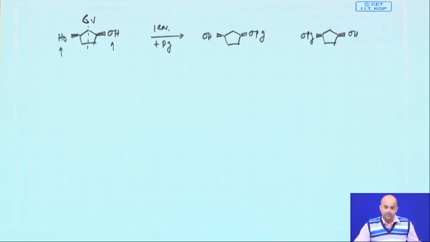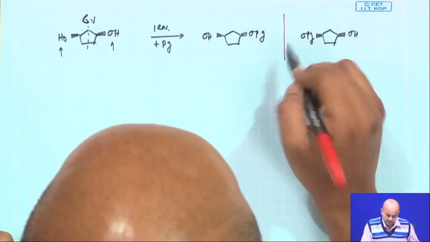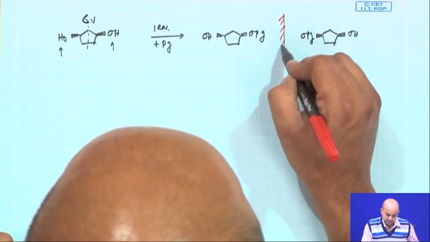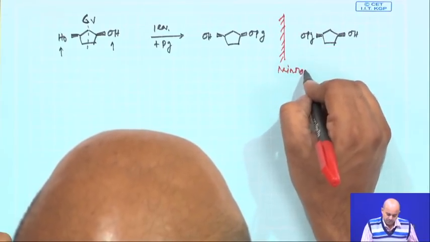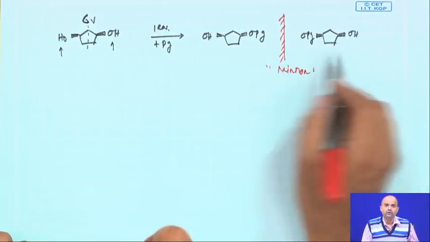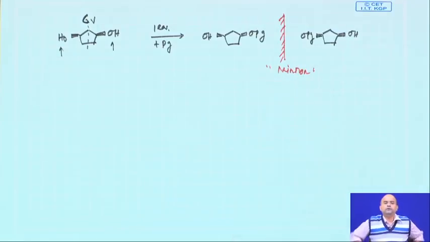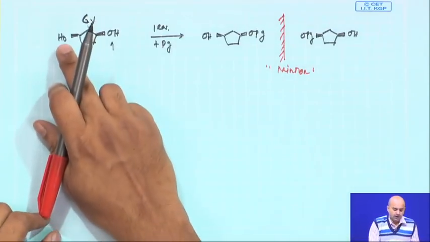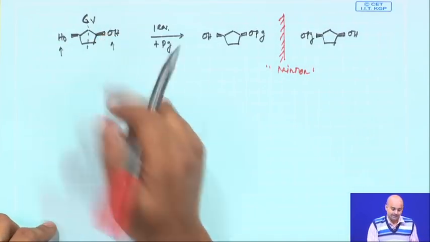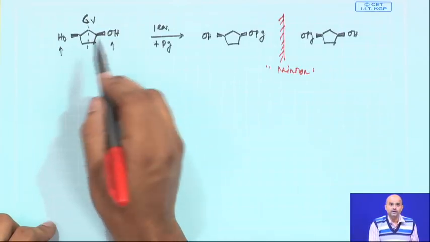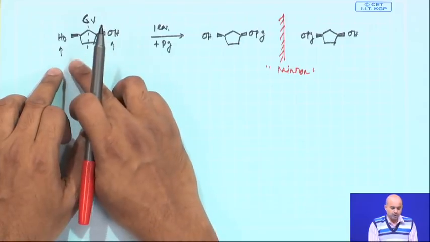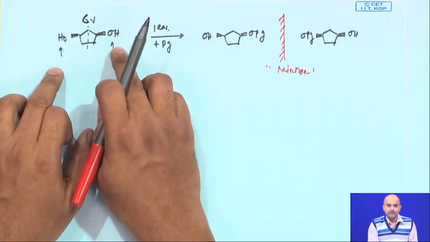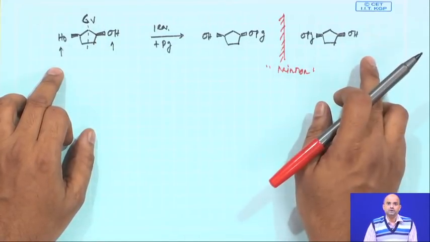Now, you put a mirror, and you see that these two compounds are enantiomers of each other. That is what I said: these two hydroxy groups are enantiotopic, and as they are enantiotopic, selective protection of either group over the other will lead to enantiomers.